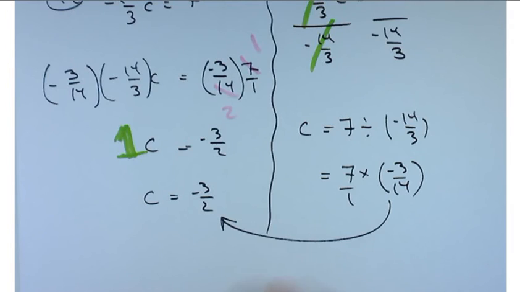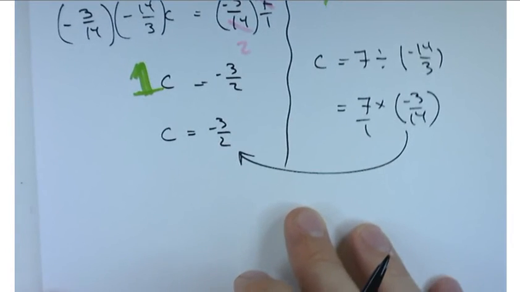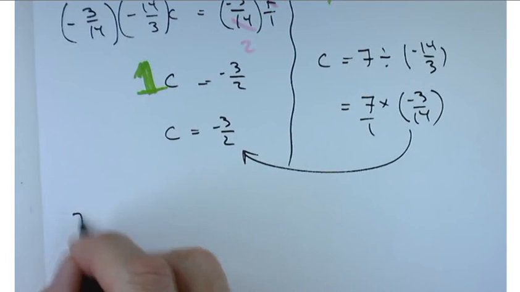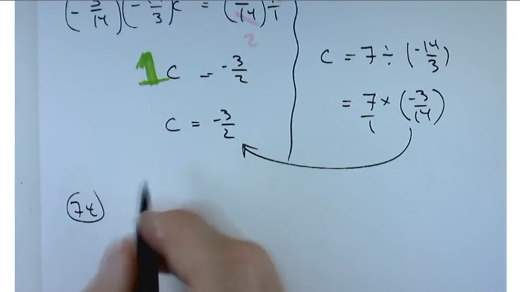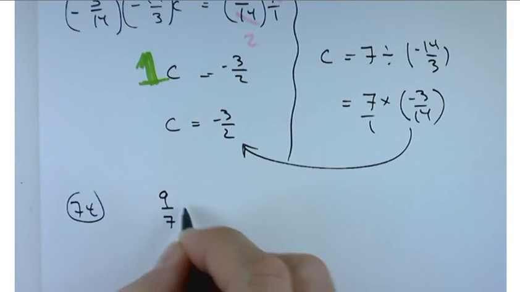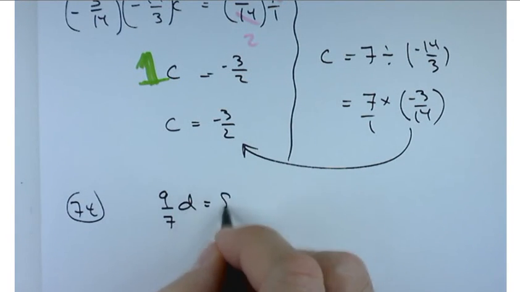Why don't you try that for problem number 74? 9/7 times D equals 81.